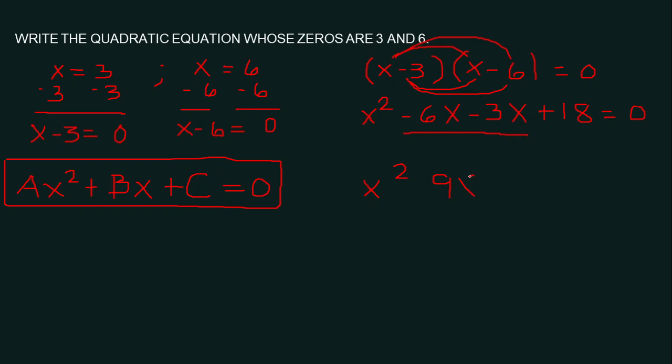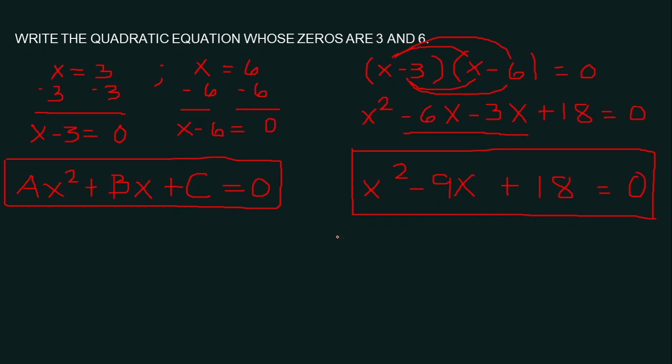Copy x. And then copy the sign of the two numbers, which is negative. Then bring down the positive 18 here. There you go. This will be our quadratic equation wherein its zeros are 3 and 6.